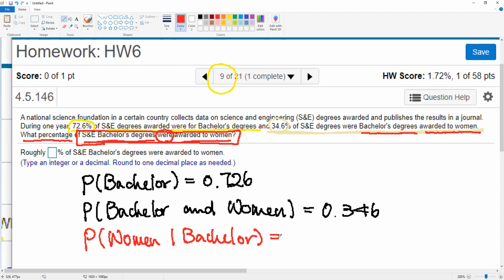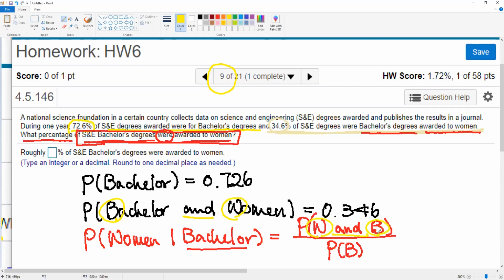In the exam, I will ask you a clear one, but please try to understand which one is which in number 9. So now I can apply the joint probability and the marginal probability. It will be the same as the probability of the woman and bachelor divided by the given part, the bachelor. The bachelor and the women will be the same as the women and the bachelor, so we can switch.